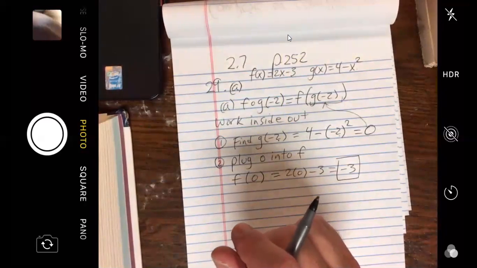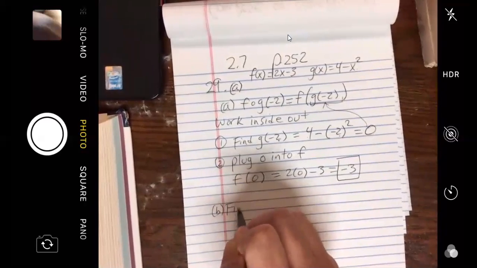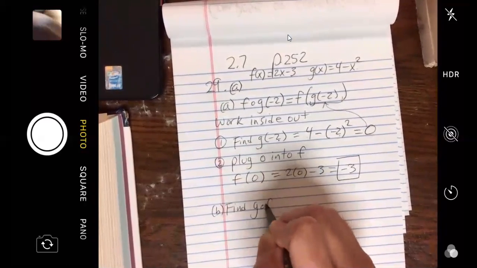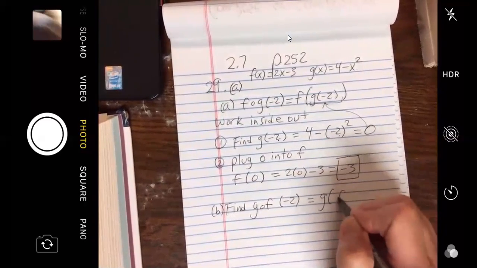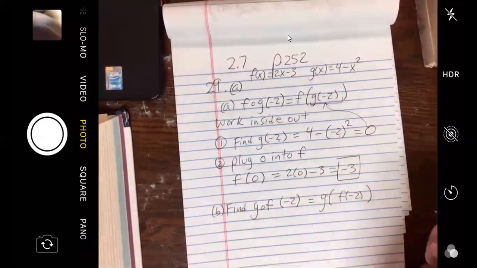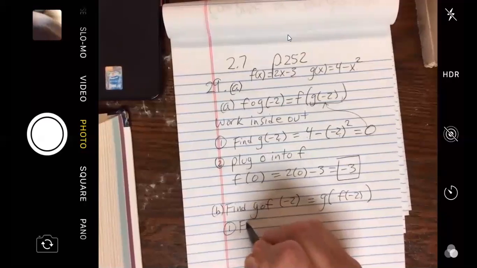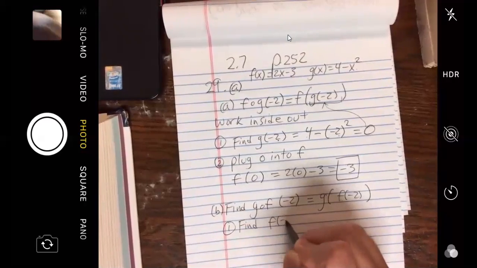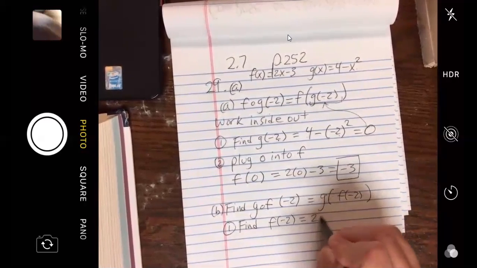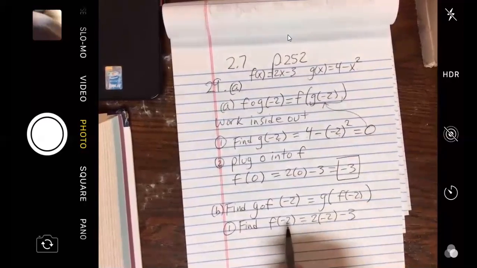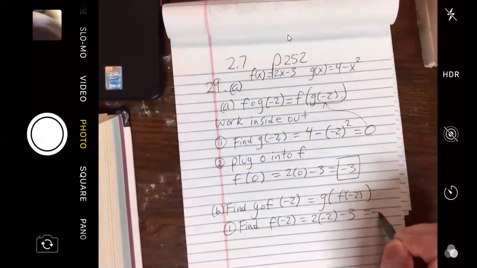If you want 29b, find g circle f of negative 2. g of f of negative 2. So first here, find f of negative 2, the inner one. You work them inside out. 2 times negative 2, subtract 3. I'm putting that negative 2 in for that x. That's going to give you negative 7.